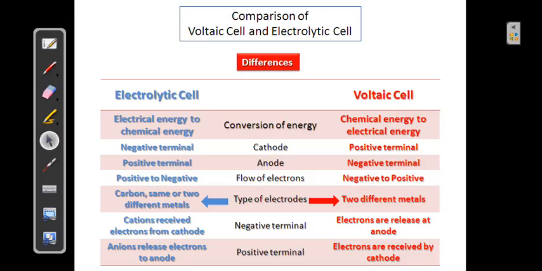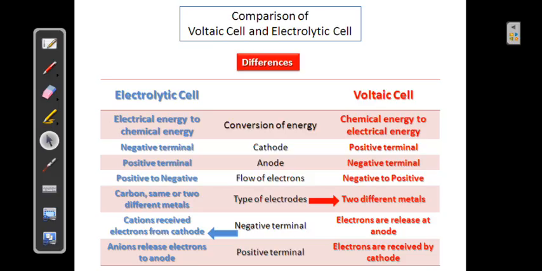But you need to have two different metals, because it is the potential difference that moves the electrons, right? It's not electricity, but the potential difference. So for the electrolytic cell, at the negative terminal, cations receive electrons from the cathode, right?